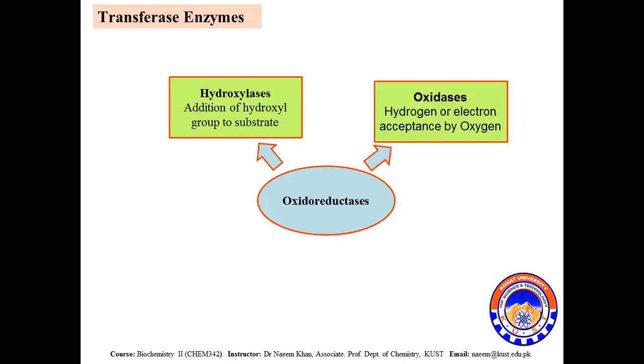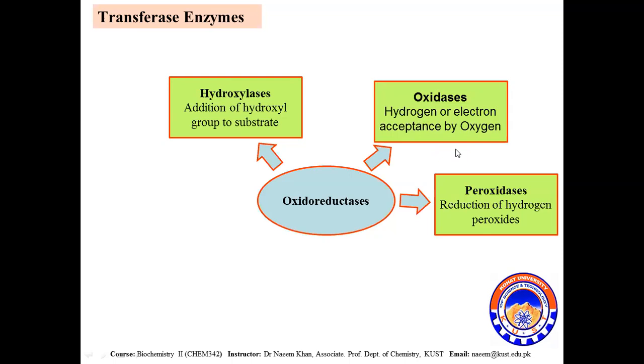Next class was the oxidases. This is the oxidoreductase enzyme which catalyzes hydrogen or electron acceptance by oxygen in their substrates. Third class was the peroxidases, which are the oxidoreductase enzymes that catalyze the reduction of hydrogen peroxide.